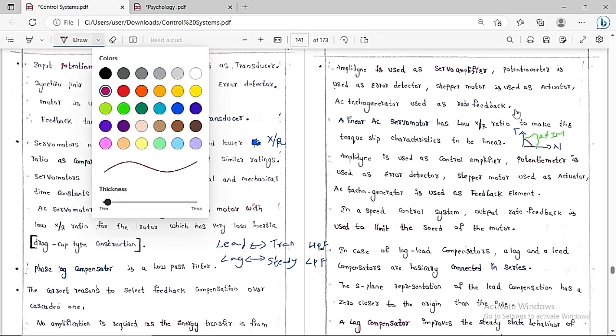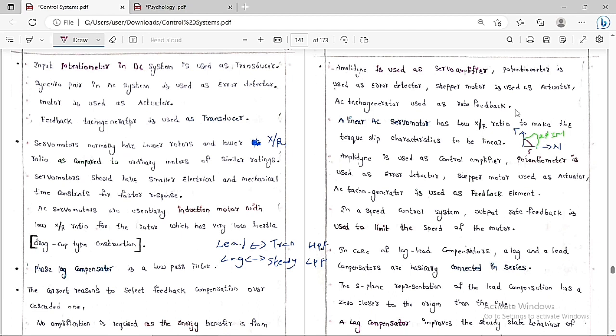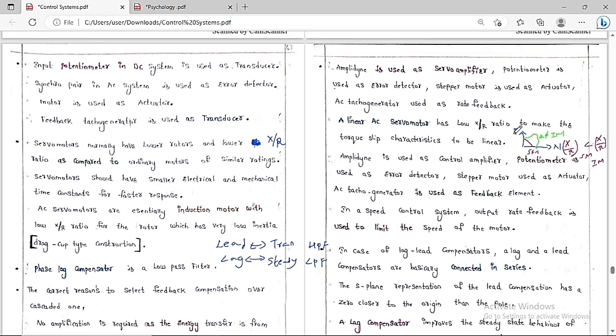You can see clearly the X/R ratio of the servo motor is always lesser than the X/R ratio of the induction motor. Because of this reason, we get a linear torque speed characteristics for the servo motor. Because the X/R ratio is very low, we get linear characteristics of the torque speed and torque slip.